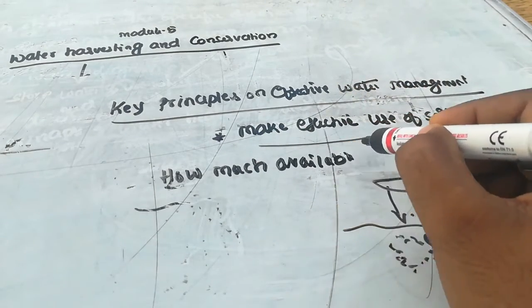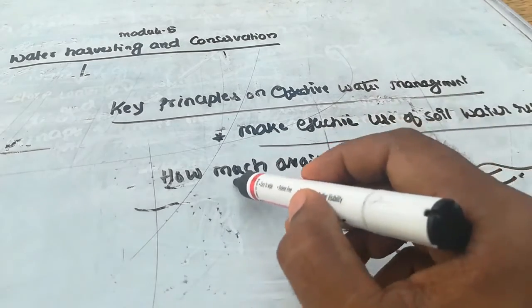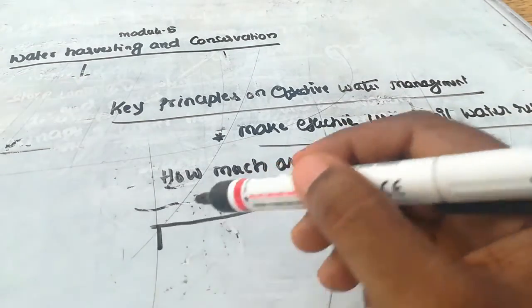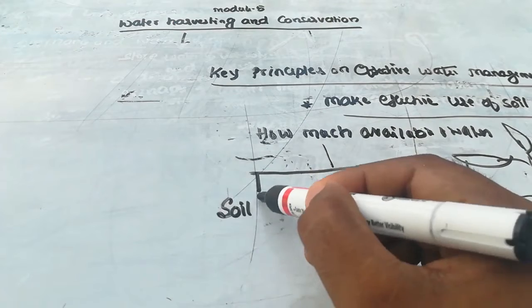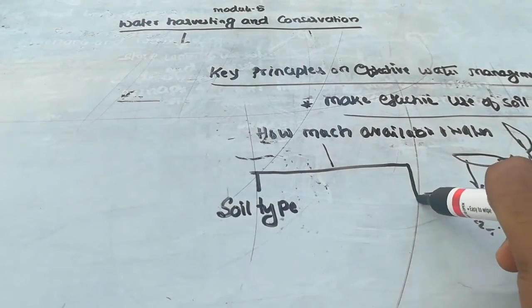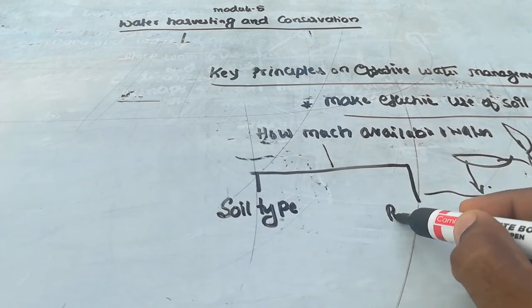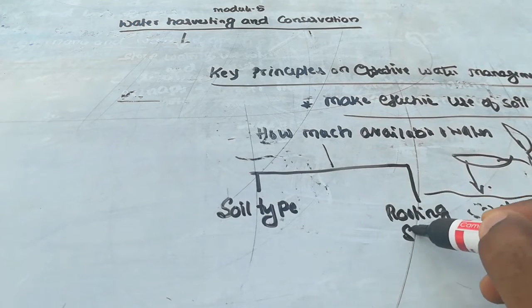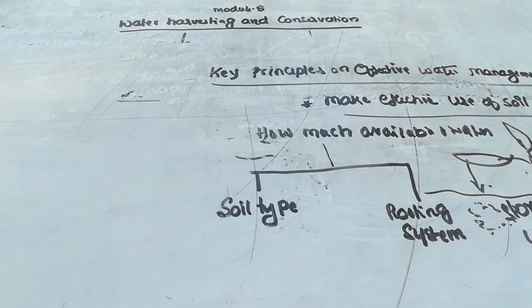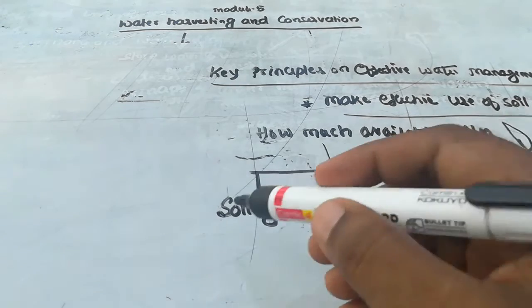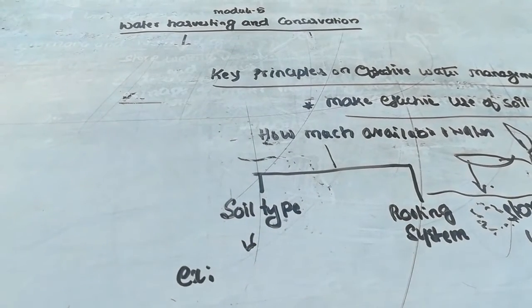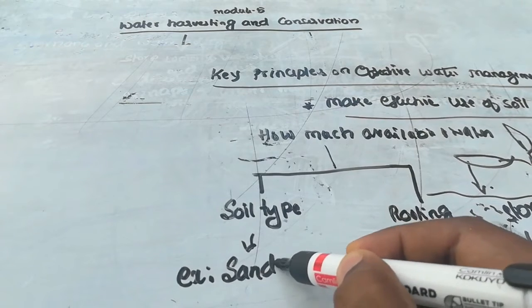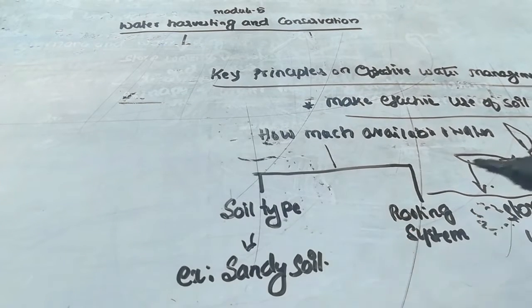How much water is available depends on soil type and rooting system of the crop. Soil types, for example, sandy soil holds less water.